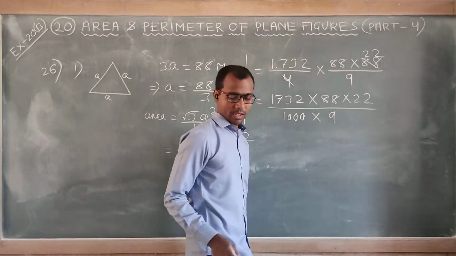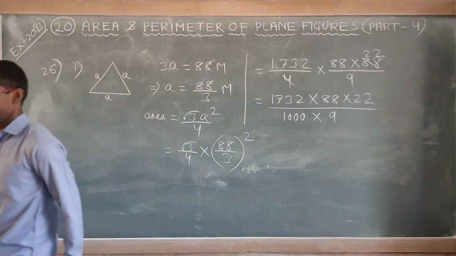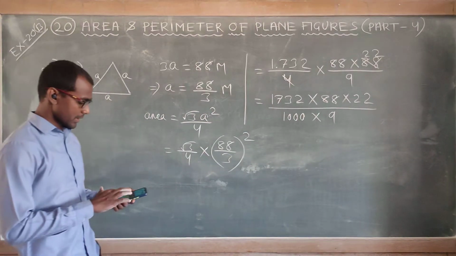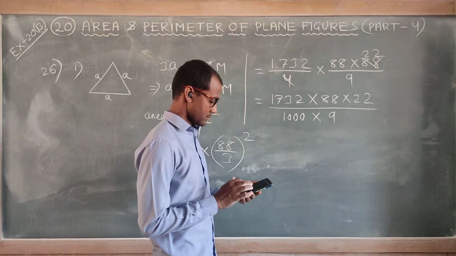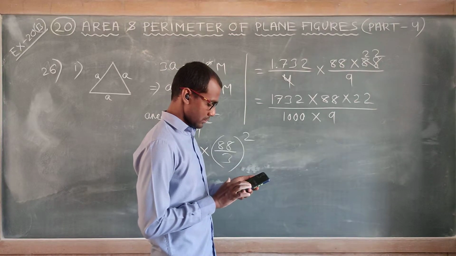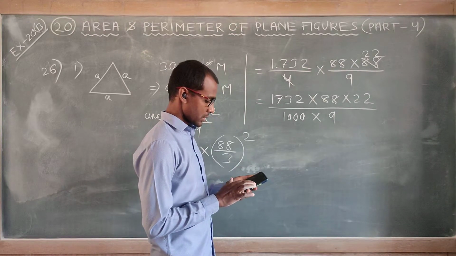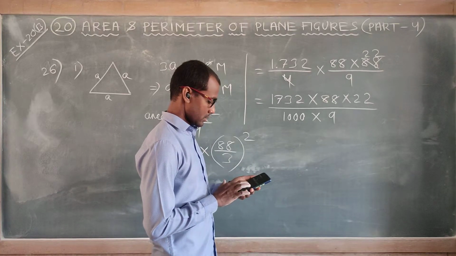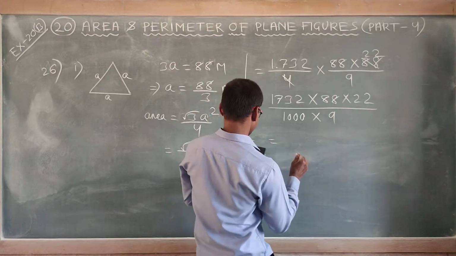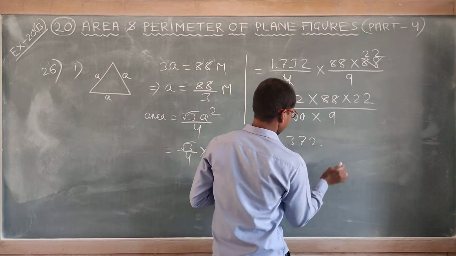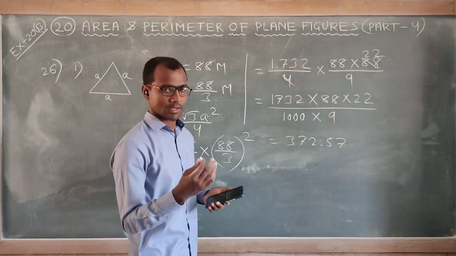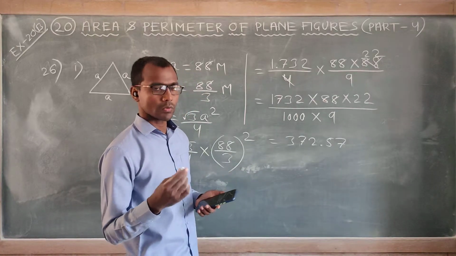Let us multiply this and divide by 9. 1732 into 88 into 22 divided by 9000, which is 372.572444. It is continuing. I am keeping it to 2 decimal places.